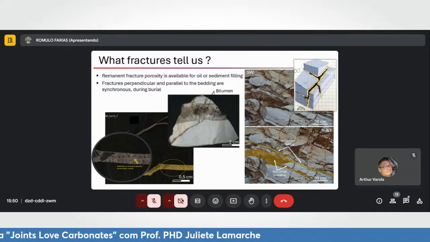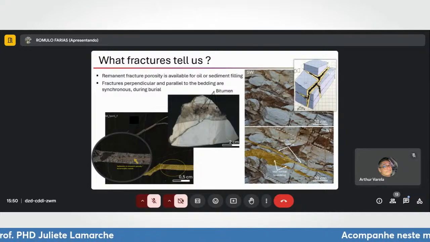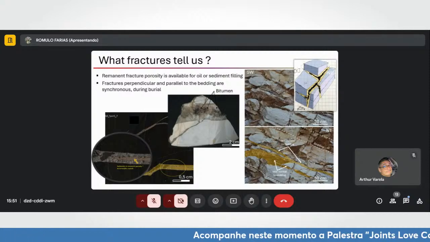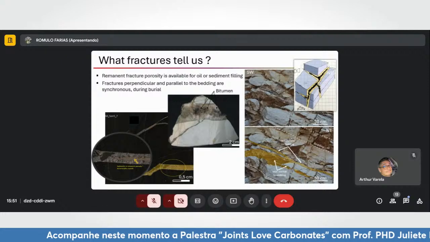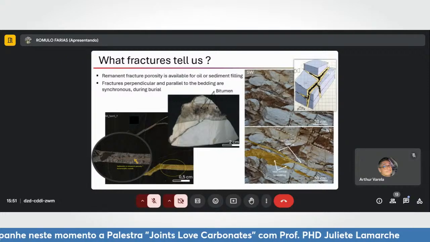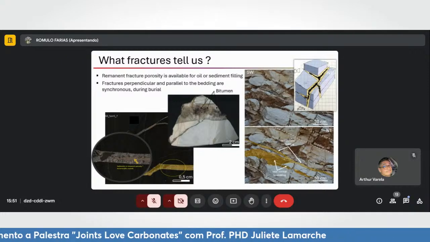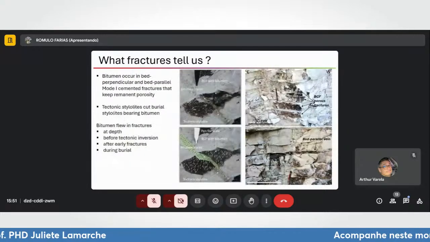And so in these fractures, we may have remnant porosity, and the remnant porosity may be filled by bitumen or oil or by cement. Here you have cement filled inside the fractures. So that means that there's a communication with the top and with the bottom, with the fluids. One hour. Okay, I go faster.